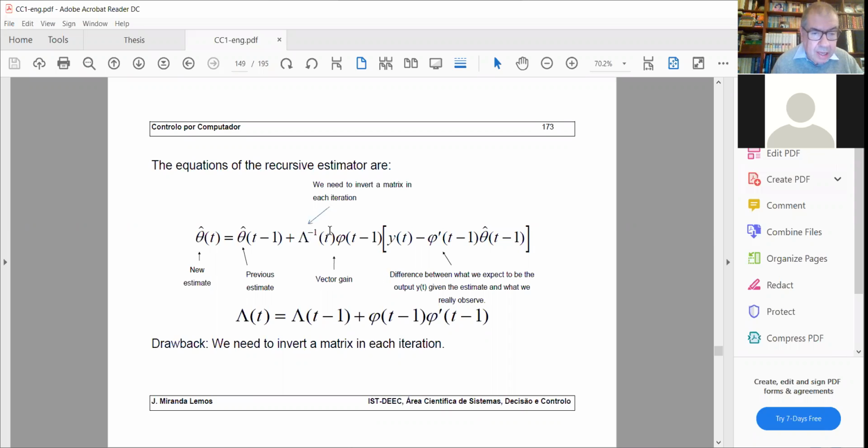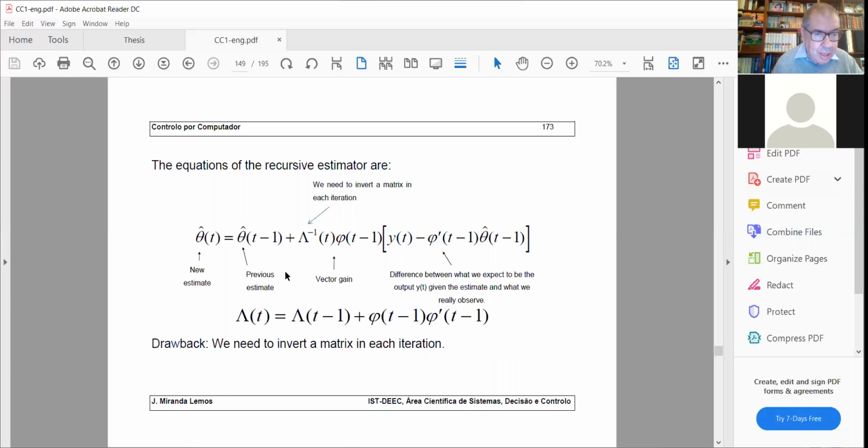So you are multiplying a vector by a scalar, which is this quantity here, to correct the new estimate. So you have an algorithm made of two equations. One equation propagates the information matrix. It just says that the new information is the previous information plus the information carried by the latest data point, phi phi transposed.